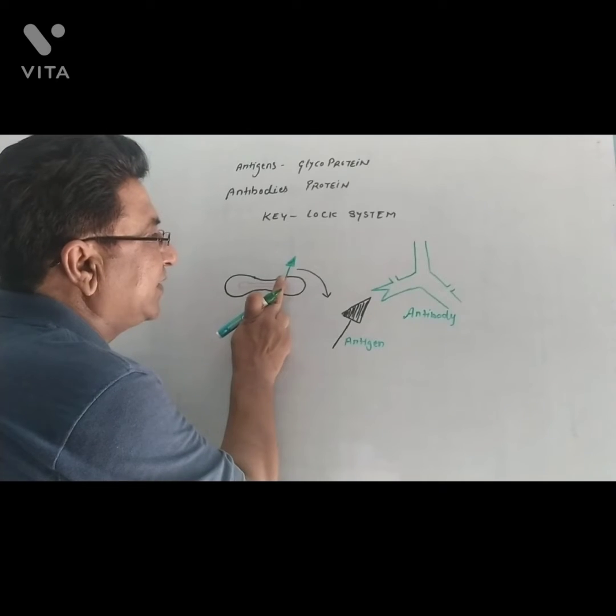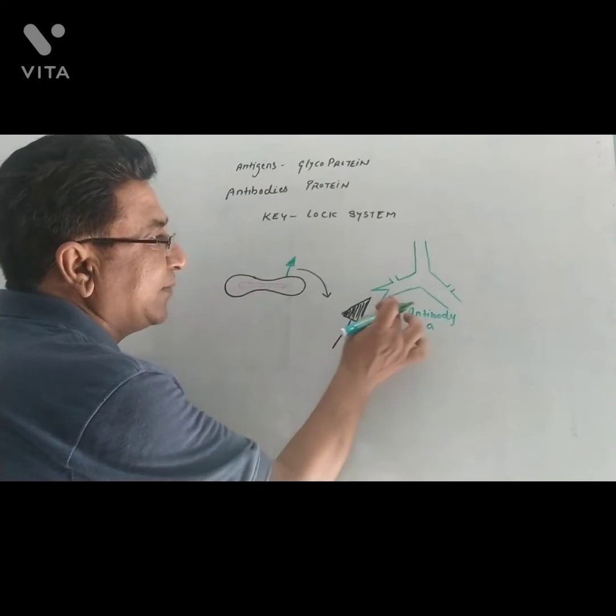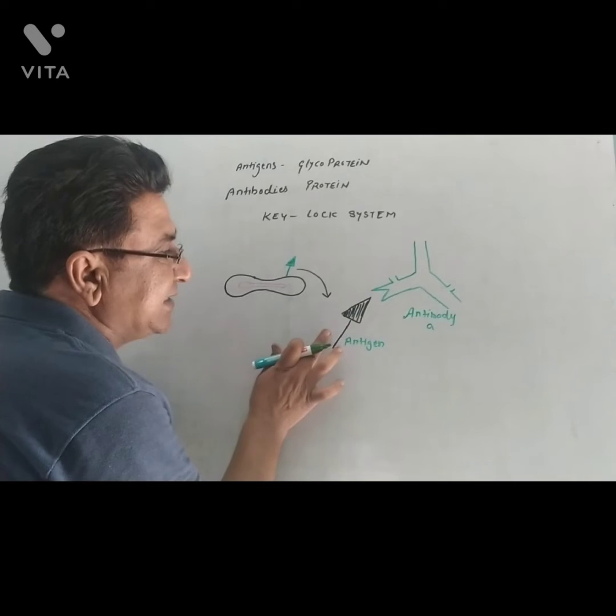So, if antigen A is present on the surface of RBCs and the antibody is also A, then what will happen? This A antibody has a triangular-shaped depression.